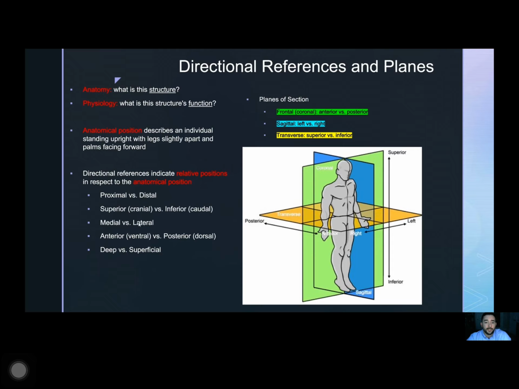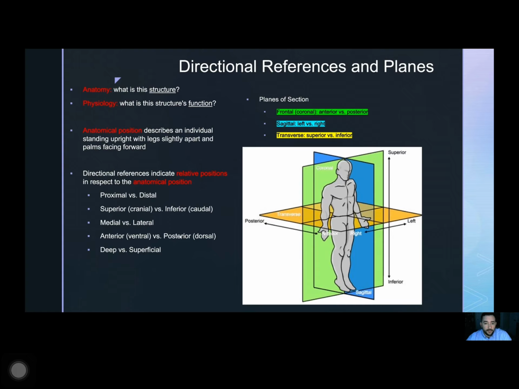Next, you have medial versus lateral. Medial means something's in the middle. So medial for me would be right here. And lateral means away from the midline, or if this is my middle, out this way, or this way is lateral. So medial means middle, and lateral means away from the midline or to either side.